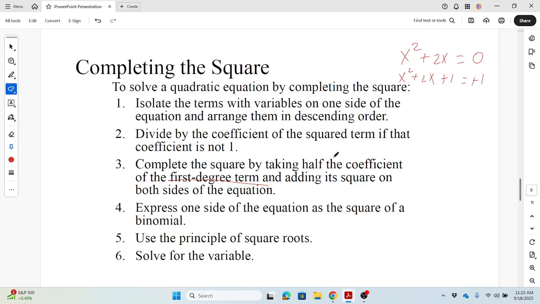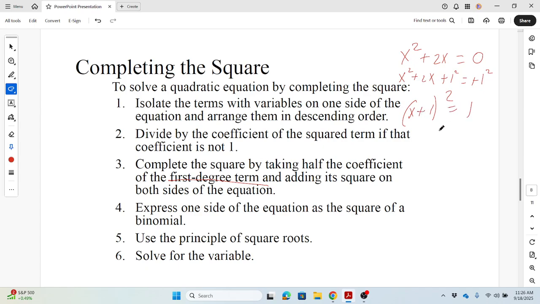Complete the square by taking half the coefficient of the first degree term and adding its square. So I'm adding the square on both sides. The square of 1 is 1. By doing this, these three terms always give you the square of the first one, which is x, and the last one, which is 1, and the middle one is just the sign coming from the middle term, which is plus.